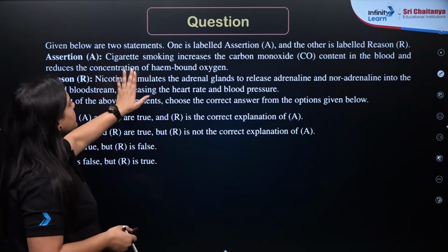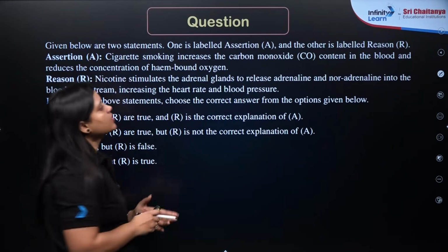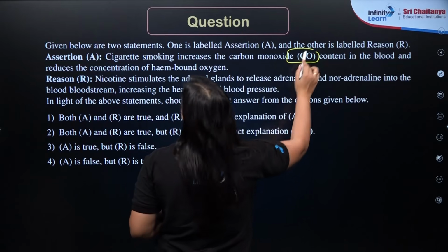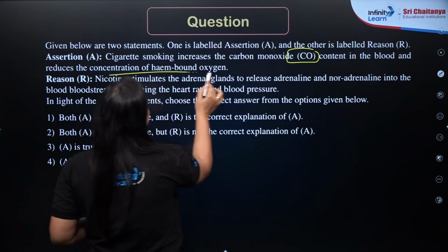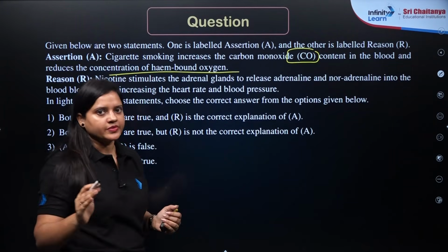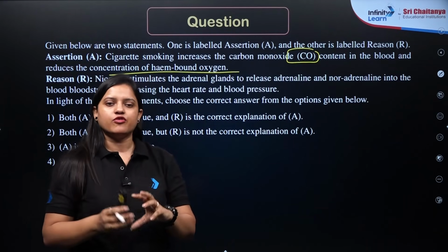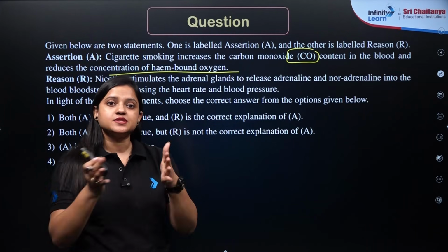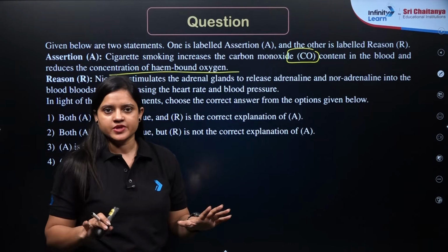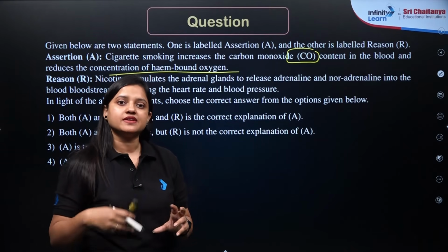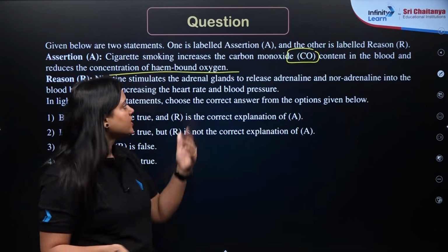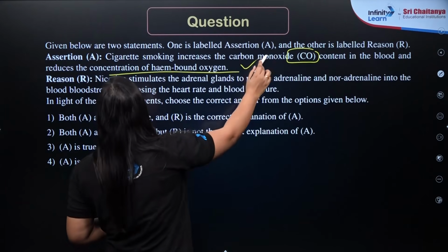Next. Cigarette smoking increases the carbon monoxide content in the blood and reduces the concentration of heme bound oxygen. So when carbon monoxide binds with hemoglobin, it forms carboxyhemoglobin, and this binding is irreversible. So definitely less hemoglobin is available for oxygen to bind. So this is true.